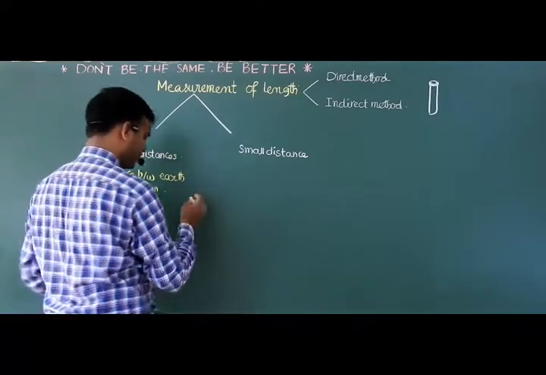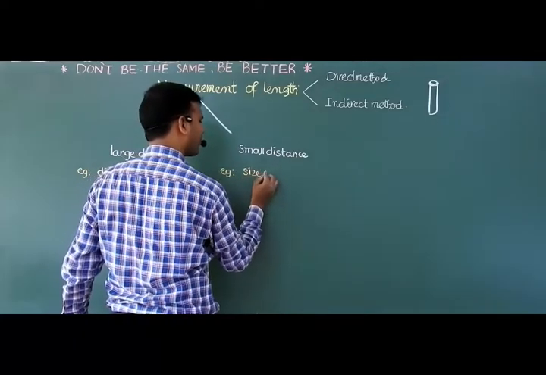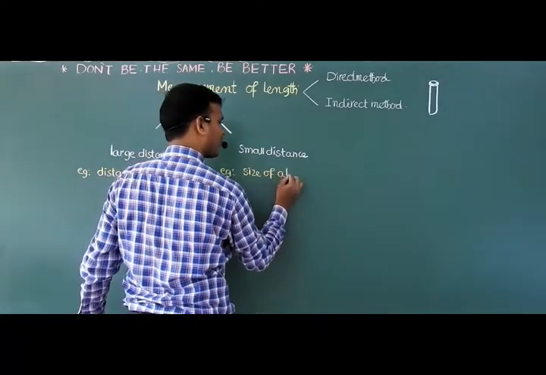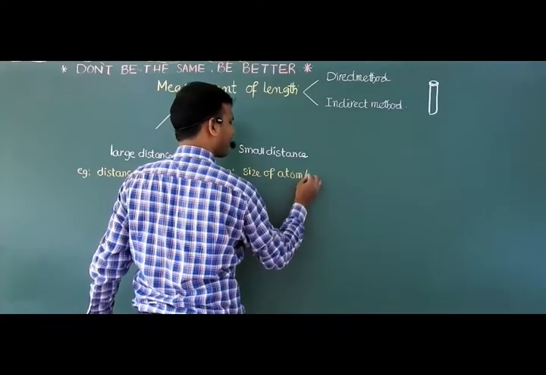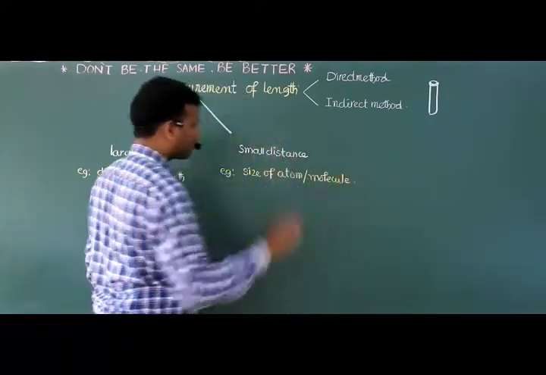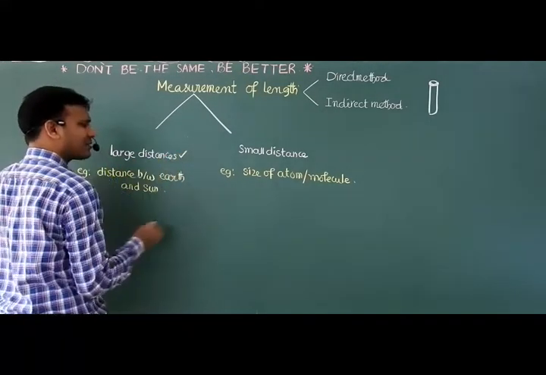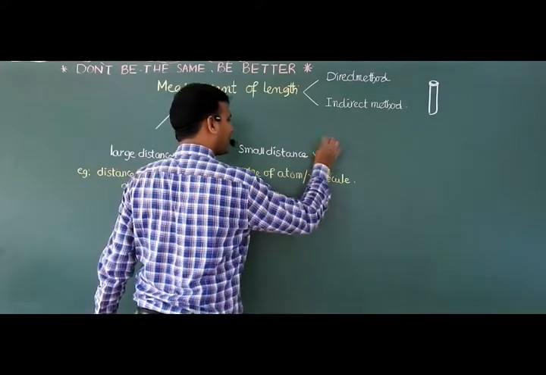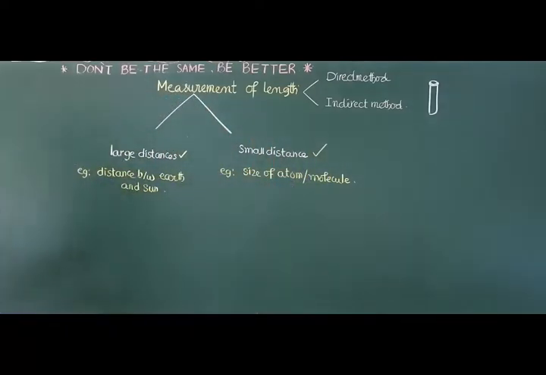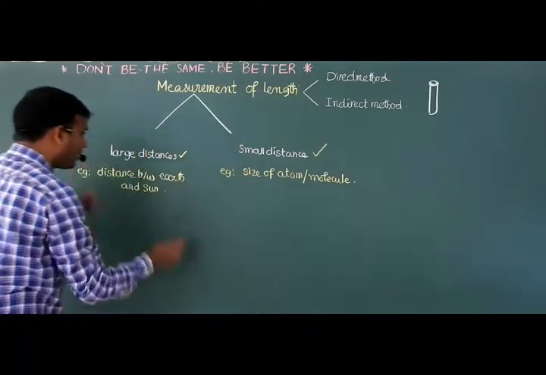Small distances: the size of an atom or molecule. Okay? Then what are the methods to find large distances? What are the methods to find small distances? This is very, very important. So listen carefully. Students, listen carefully.